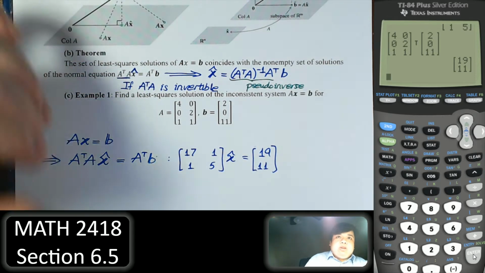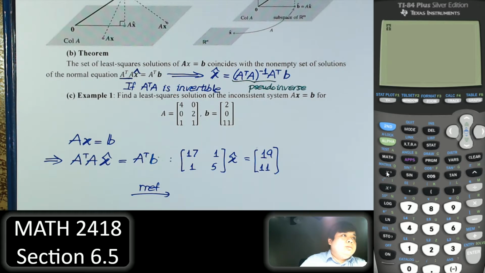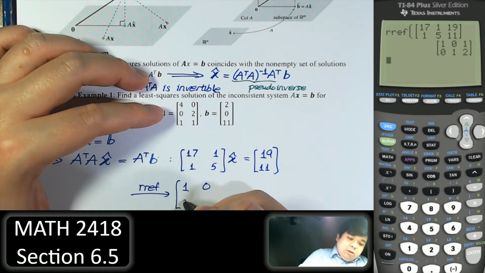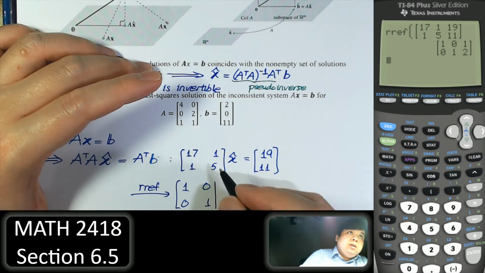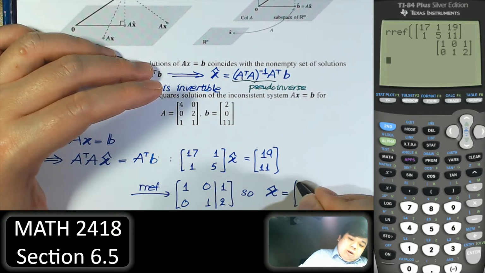And then of course we just do reduced row echelon form. So we have 1 0 0 1, and x hat is equal to the vector 1, 2.